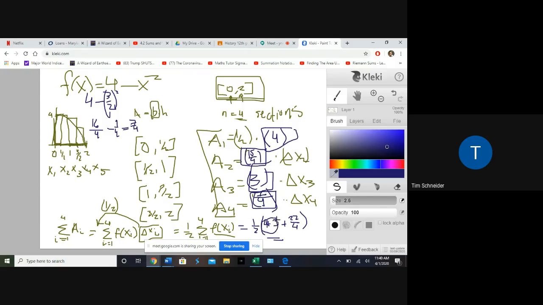In other words, we have a 7 here, so 28 fourths plus 22 fourths is 50 fourths, divided by 2 is 25 fourths. All right.